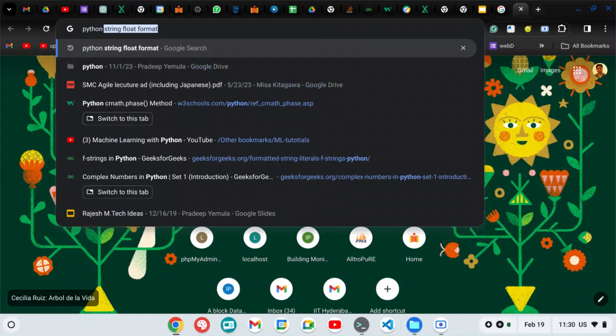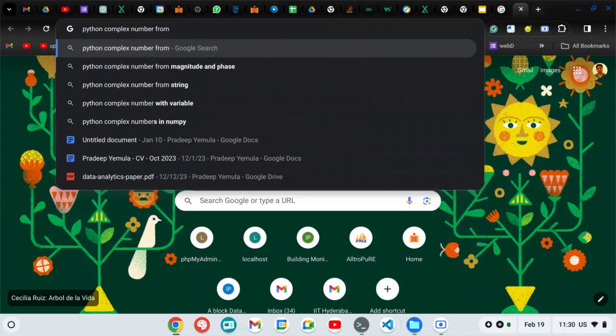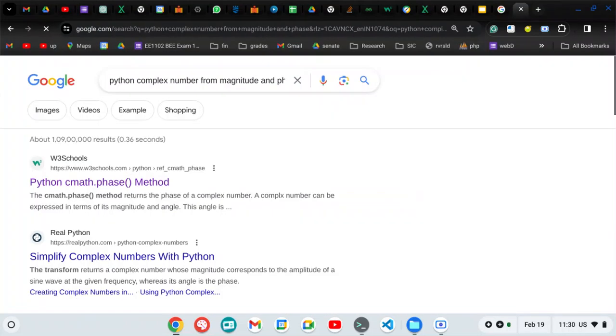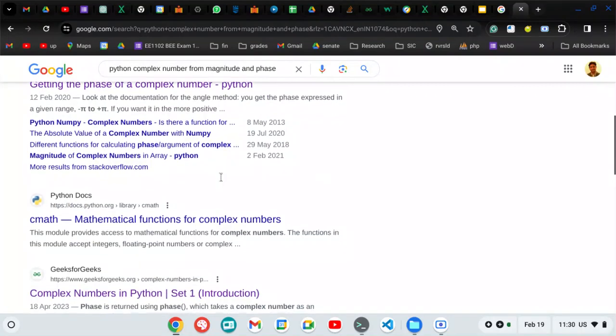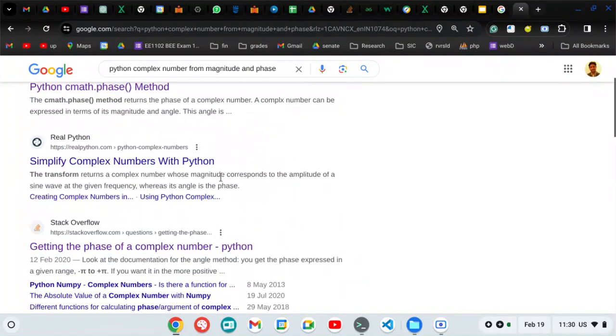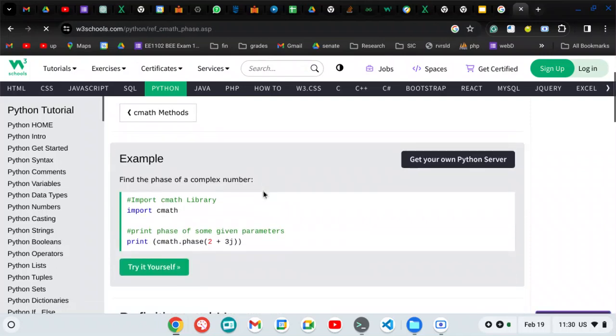Python complex number from magnitude and phase. This is maybe to find the phase, I think.